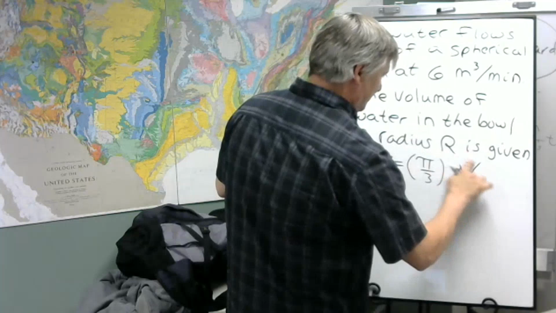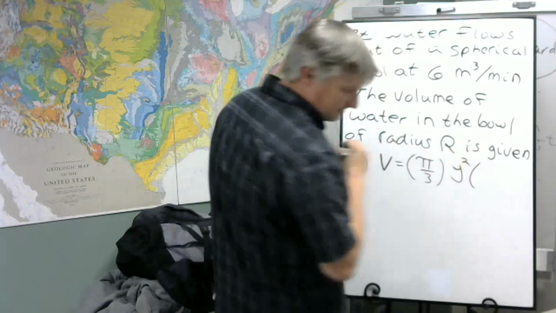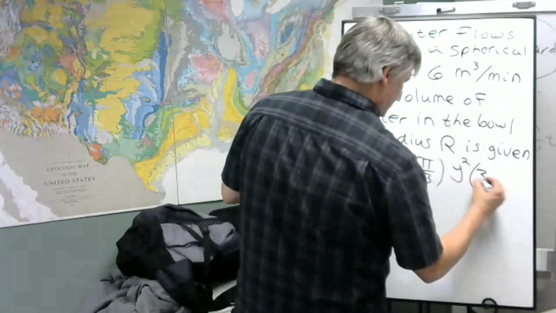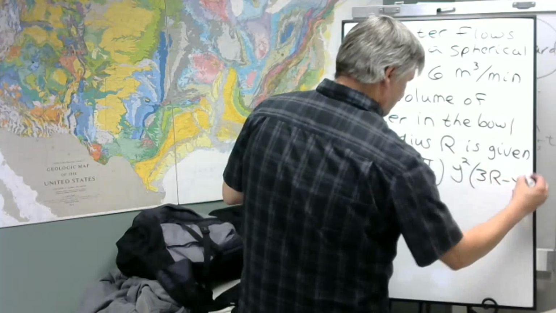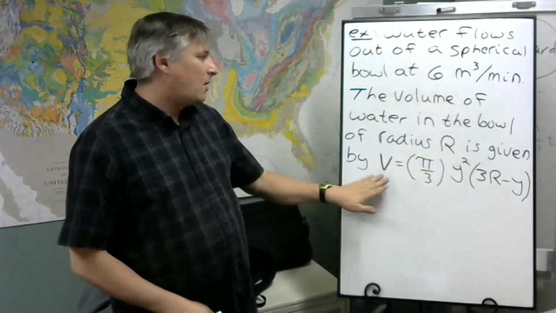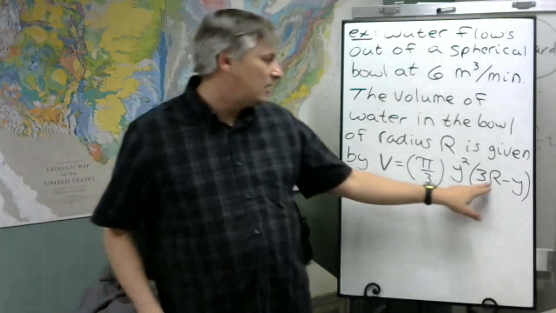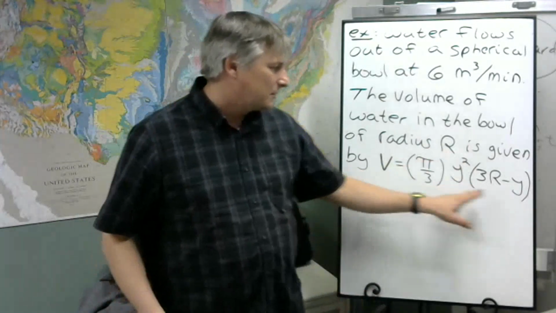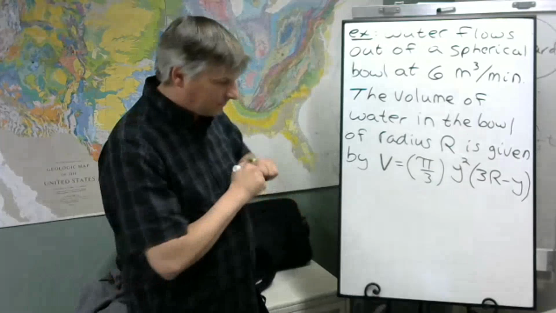R squared. And you're probably wondering what y is. Okay, volume, V. R, that's our radius. So what's this y doing here?